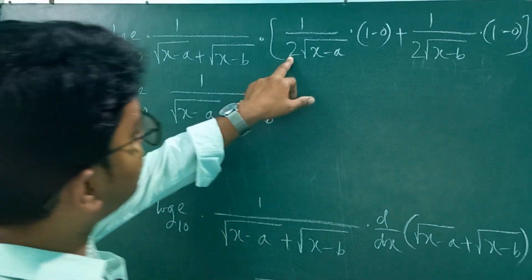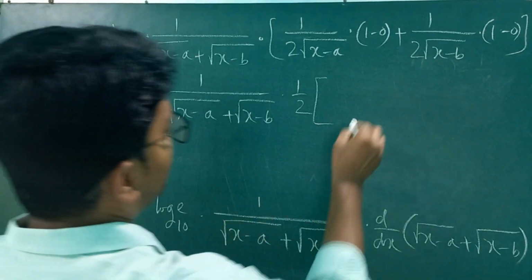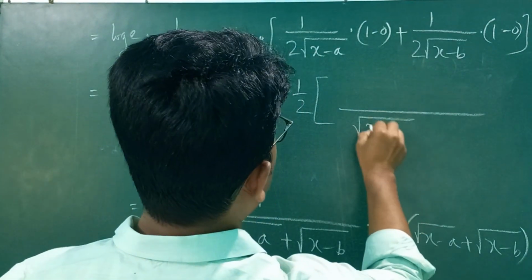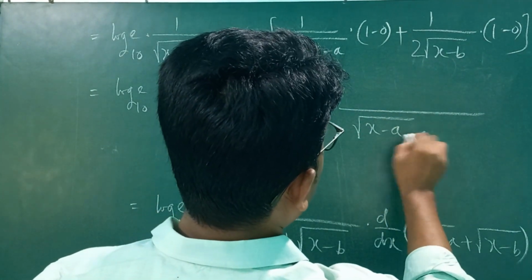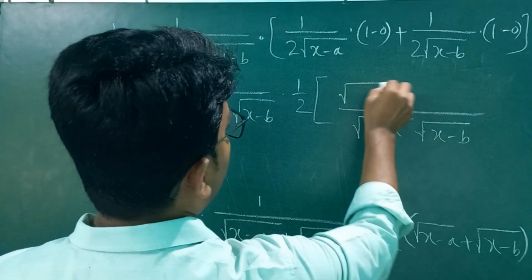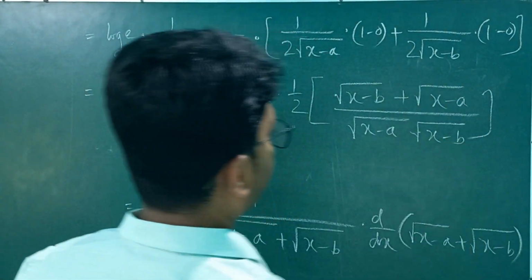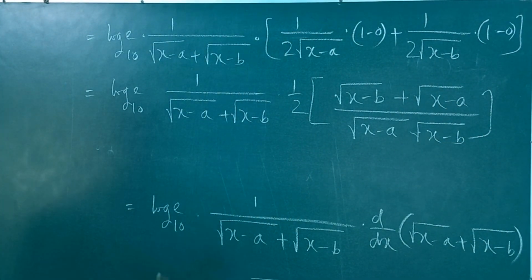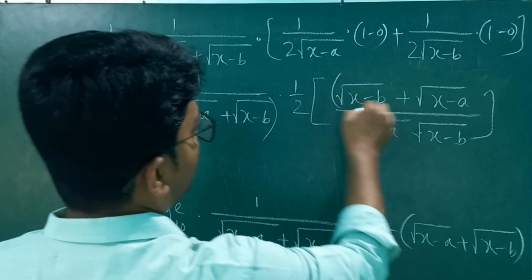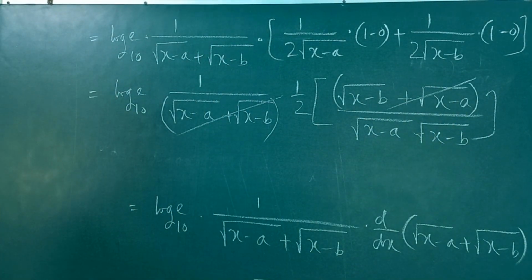If you take this half as common and add them, x minus a into root over x minus b. Now see, this term will cancel. So what is the result?